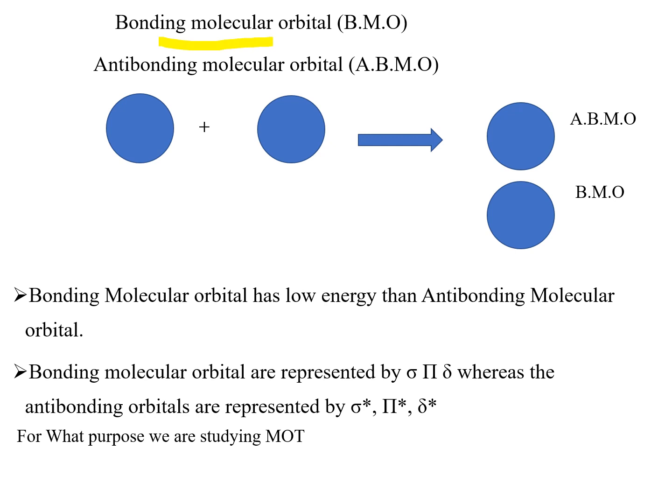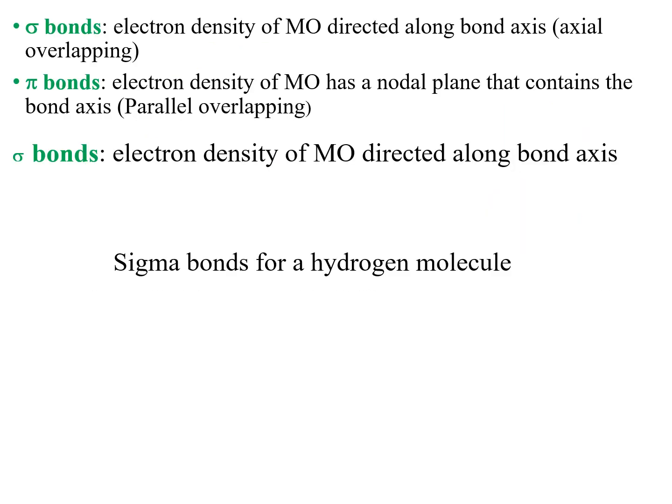One is the bonding and the other is the anti-bonding. The bonding molecular orbital has lower energy when compared to the anti-bonding molecular orbital. The bonding orbitals are represented by sigma, pi, delta, whereas the anti-bonding molecular orbitals are represented by sigma star, delta star and pi star.